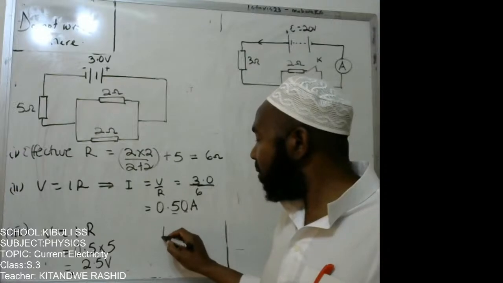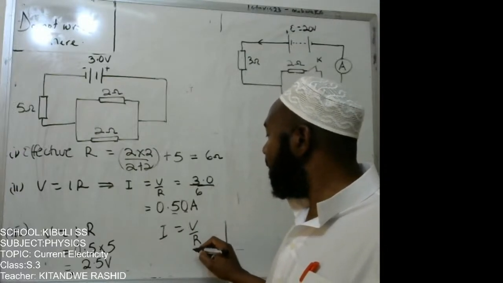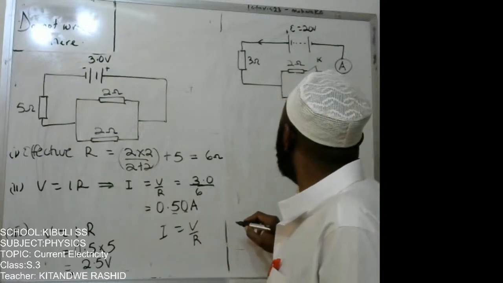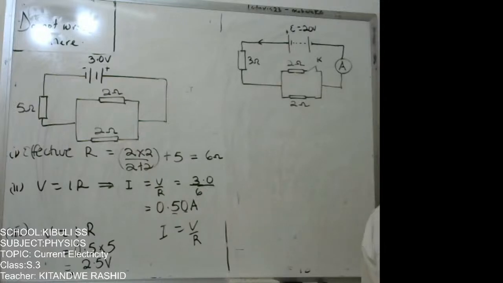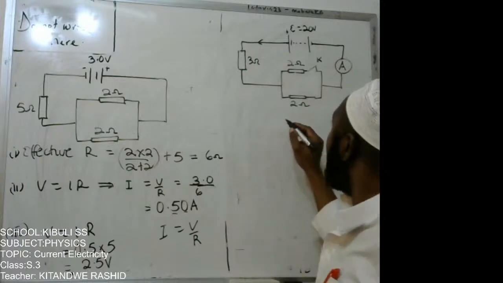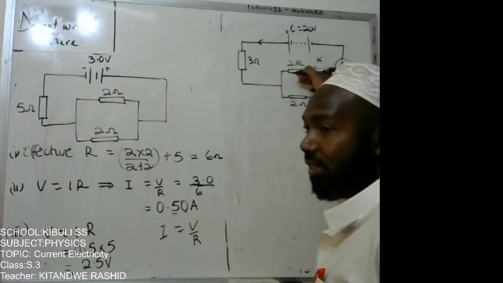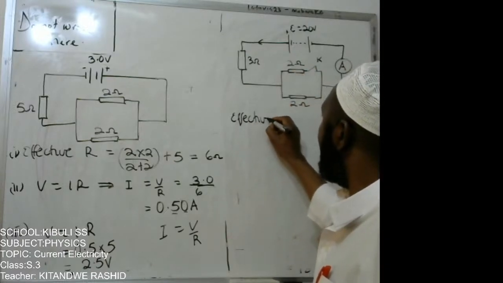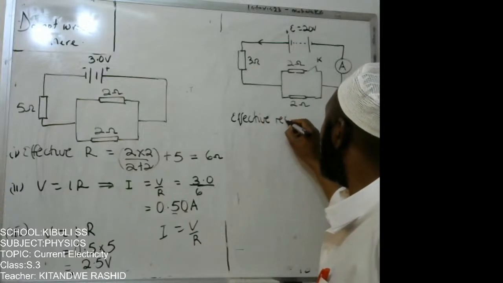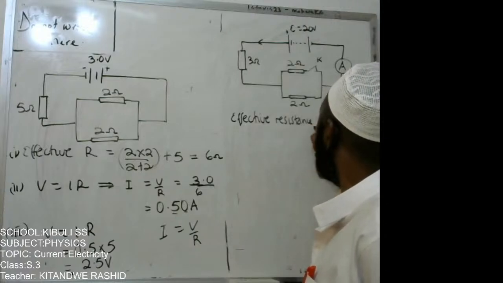And from our Ohm's law, I is equal to V over R. Meaning that you have to have the total voltage, which you already have, but effective resistance you don't have. So you need to first find the effective resistance. So according to our circuit, when we close, this one is going to be in parallel with this. So effective resistance, we have now done. So what we do, we summarize it at once.